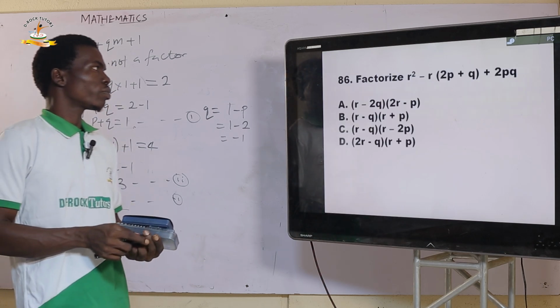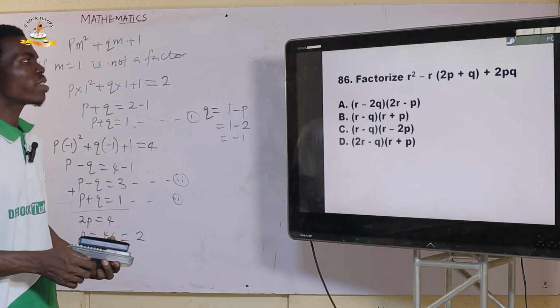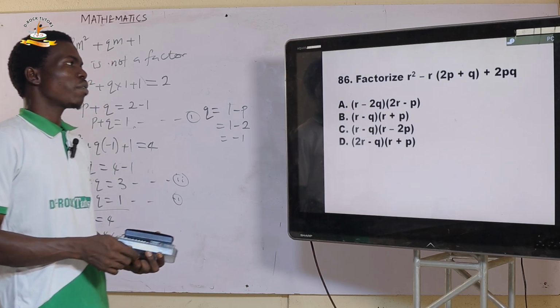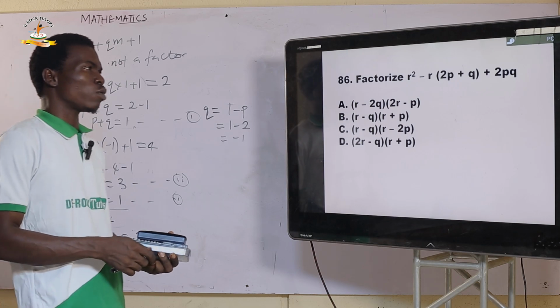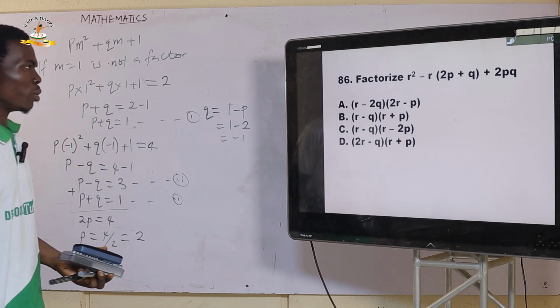Alright, next question. Factorize r squared minus r into bracket 2p plus q plus 2pq.